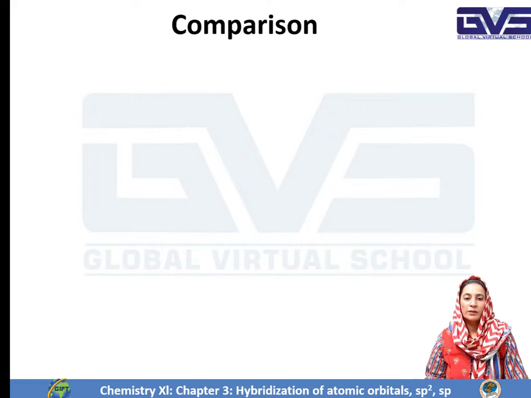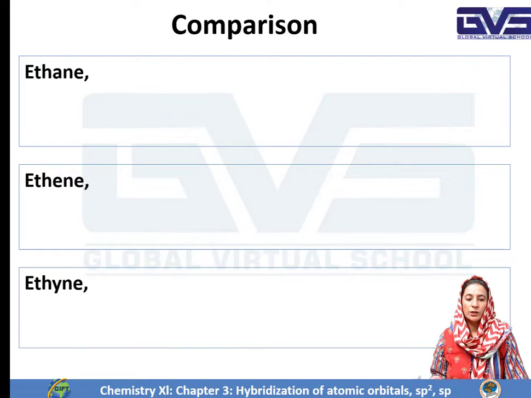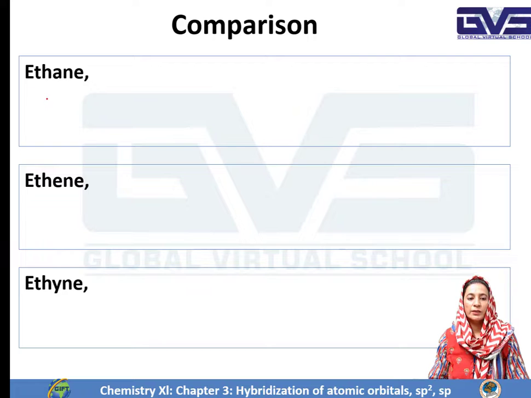So now let me compare ethane, ethene and ethyne. First of all, in ethane carbon has single bond, and each carbon has 4 bonds, 3 with hydrogen and 1 with carbon. So this is ethane. In ethene, double bond between carbon and 2 bonds with hydrogen from each carbon.